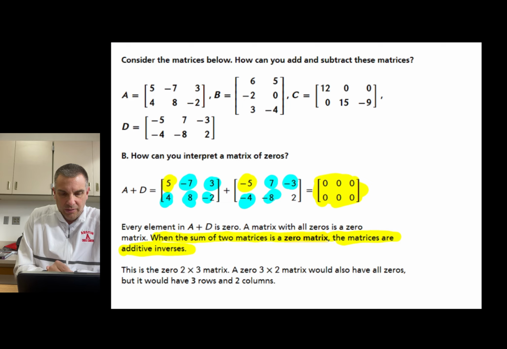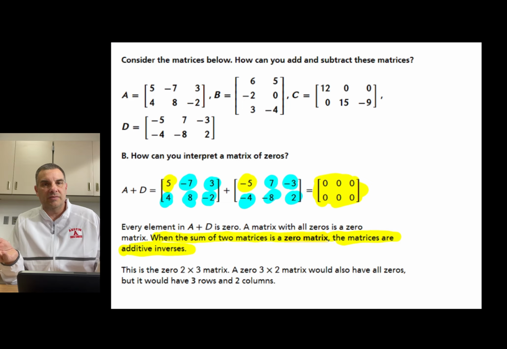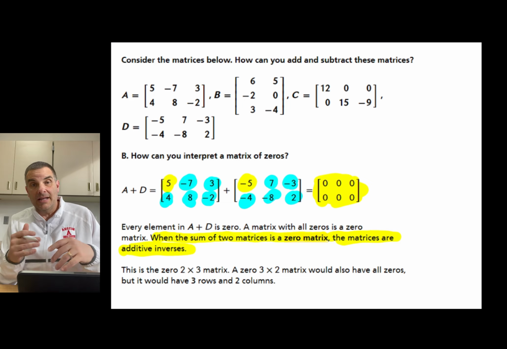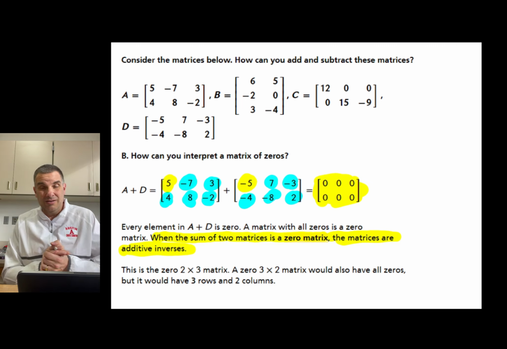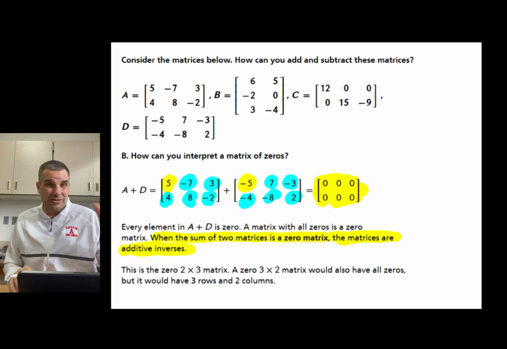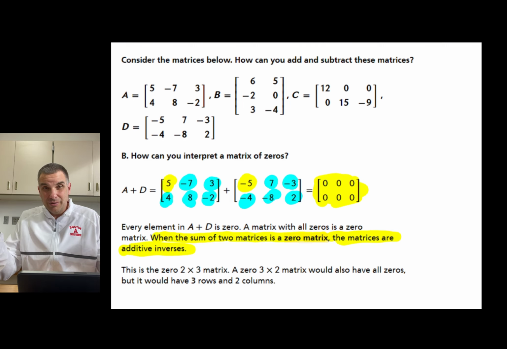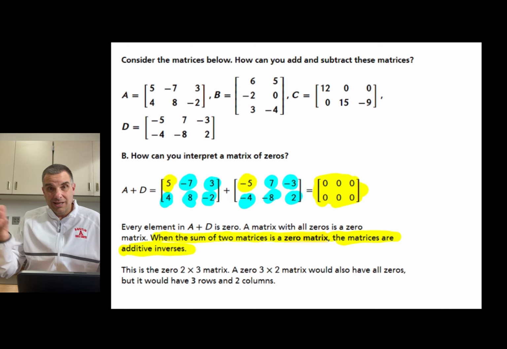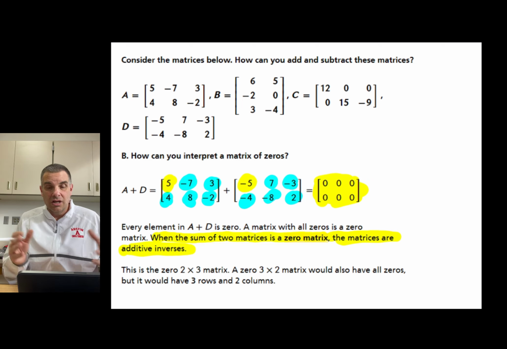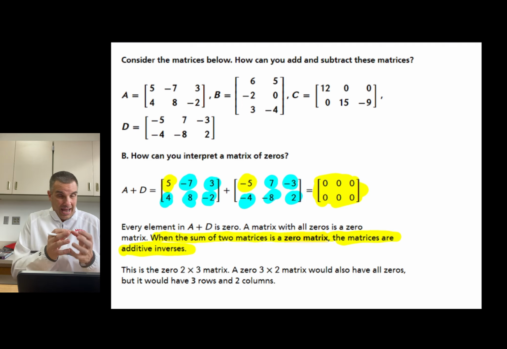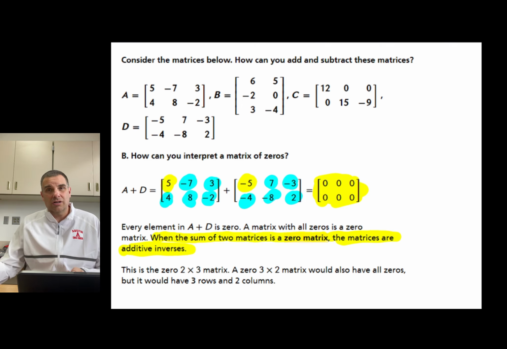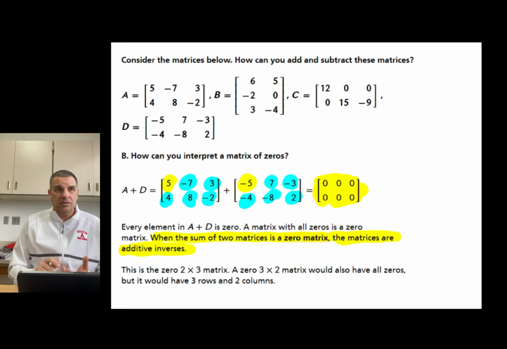Well, they're opposites of each other. That's what an additive inverse is. We've always said that an additive inverse of a number makes the number 0. So 5 plus negative 5 is 0, so negative 5 and 5 are additive inverses of each other. When you take two additive inverses and add them together, you get a zero matrix.